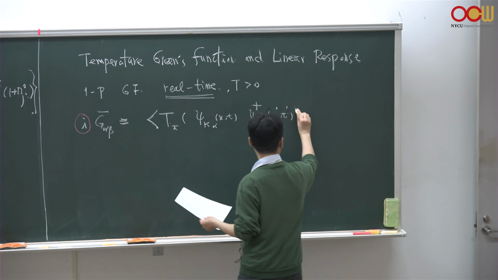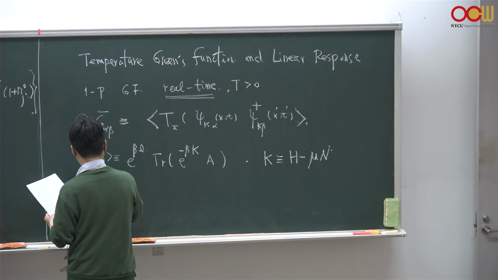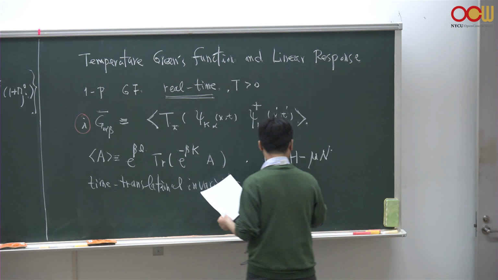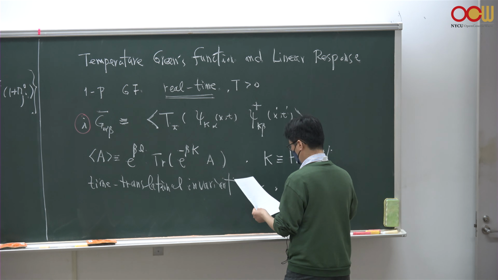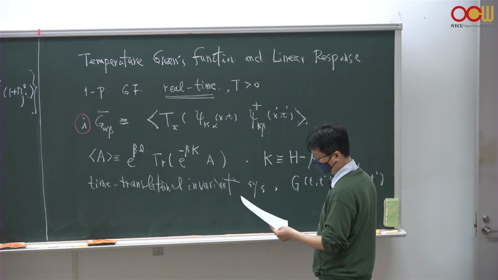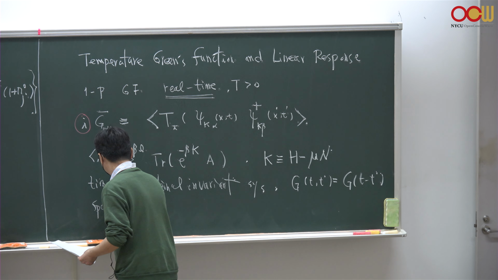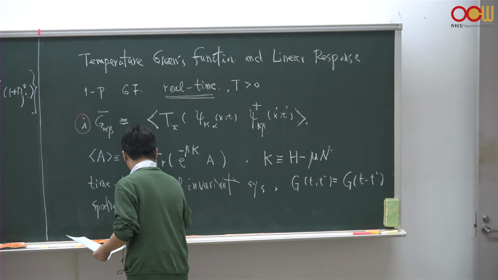So, we restrict ourselves to time translational invariance, so that this Green's function is a function of only the difference between these two coordinates. And we also restrict ourselves to a spatial translational invariant system, so that this Green's function is only a function of x minus x prime.